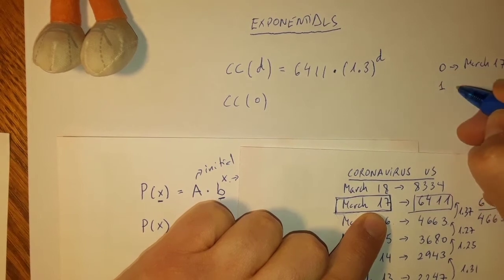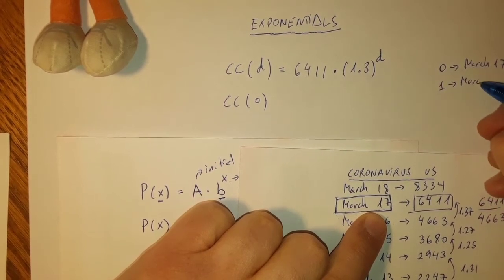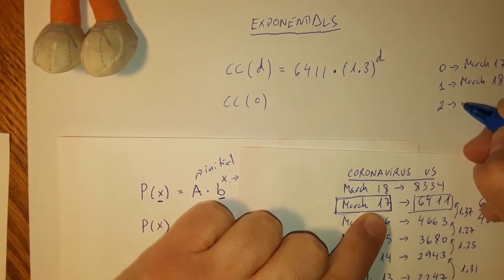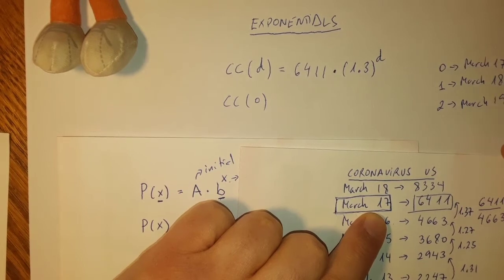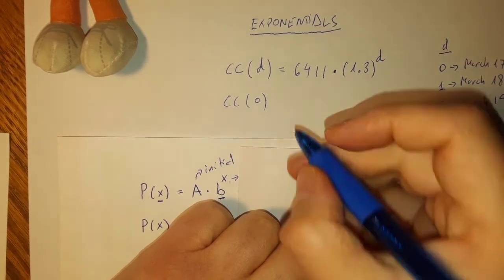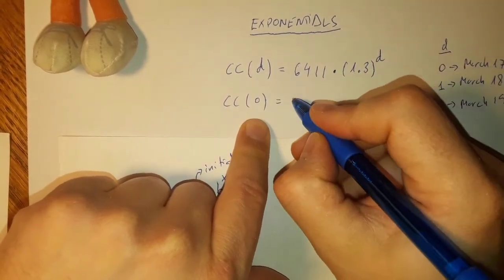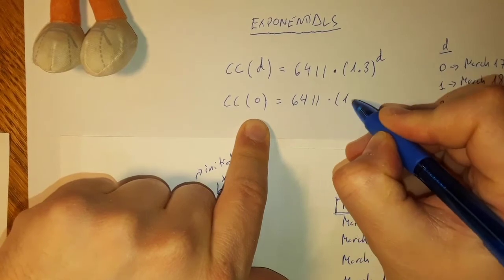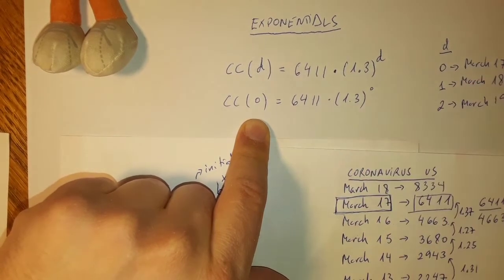Today is going to be 1, which is March 18. 2 is going to be March 19. This is the day. Okay. So if we input a 0, what we're going to have is 1.3 to the 0 power, right?